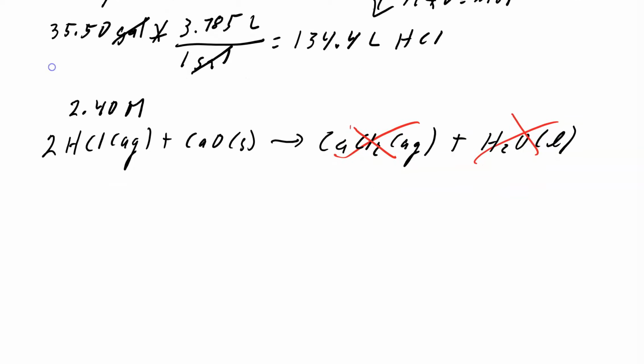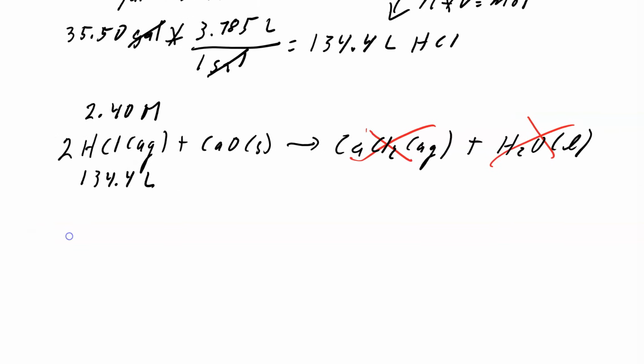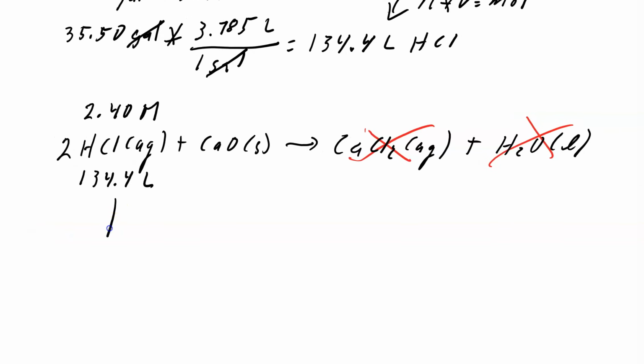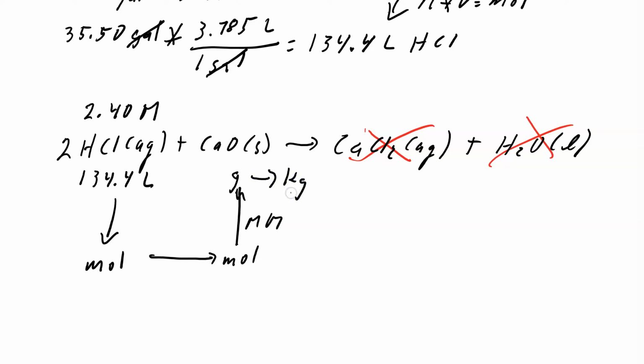And we just calculated the volume in liters, 134.4 liters. Multiplying these two, of course, is going to give us our moles. We're going to convert that to moles of hydrochloric acid, convert that to moles of calcium oxide, convert that to grams of calcium oxide using the molar mass of calcium oxide, and then the problem asks for kilograms, so we just do a metric conversion there from grams to kilograms.